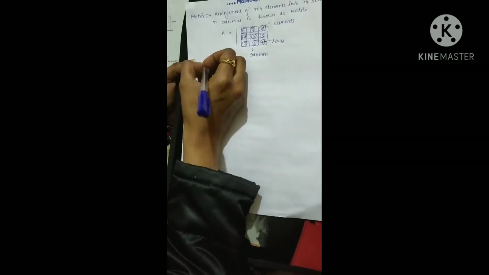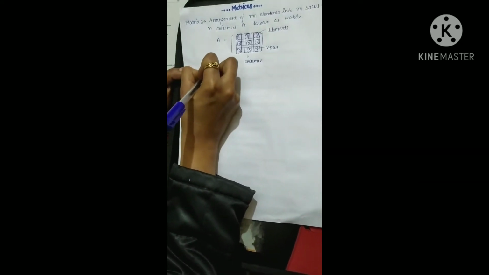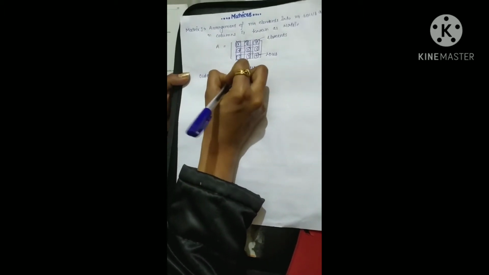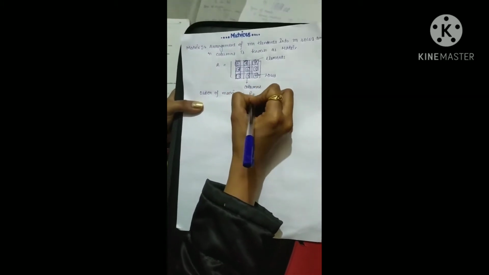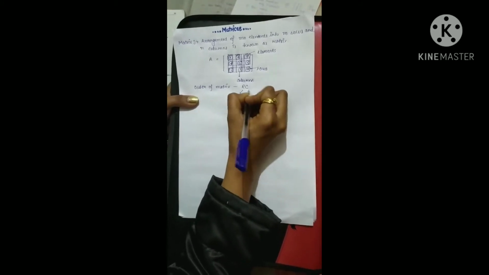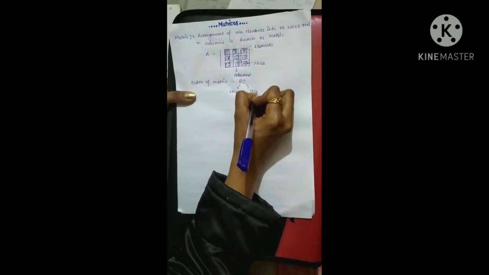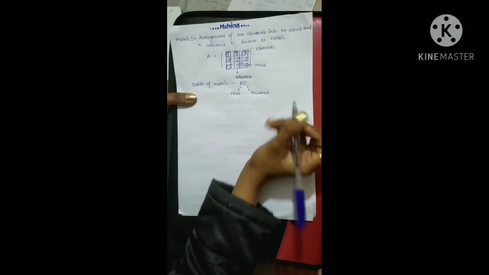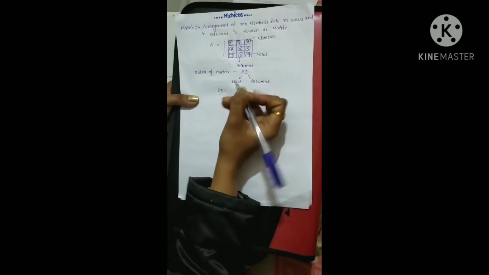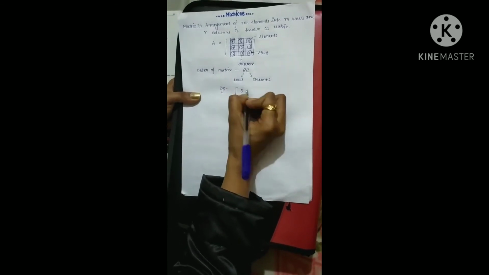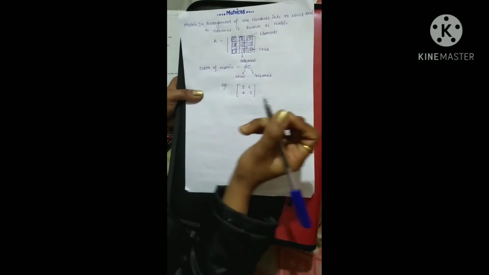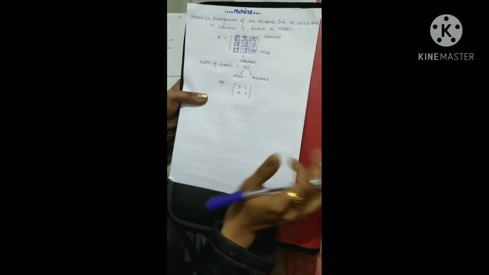Now, next important thing, what is the order of the matrix? Simply you can write the order of the matrix in the form of R and C. R means rows and C means columns. For example, what is the order of the matrix?